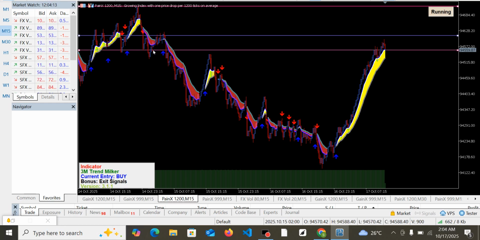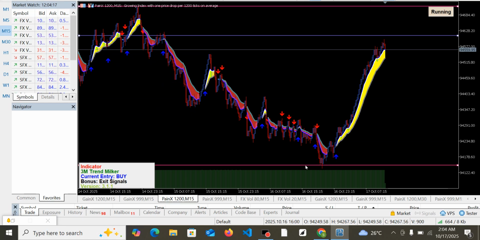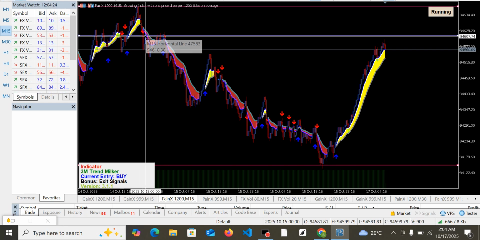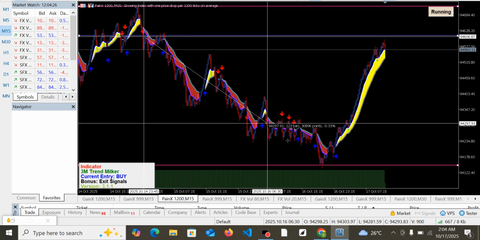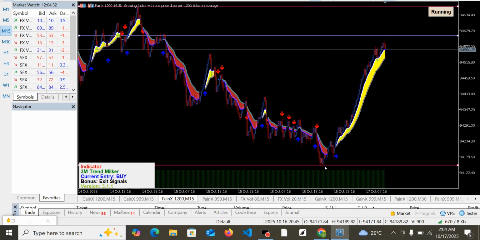As you can see, it actually went as far as getting to this region. This is huge, guys. If you understand this very well, you can milk the market for a very long time. This is 180 candles, that is 6,168 points. That is huge. That is why I said you can make a lot of profits with this.